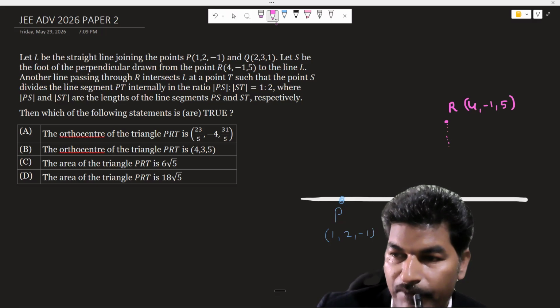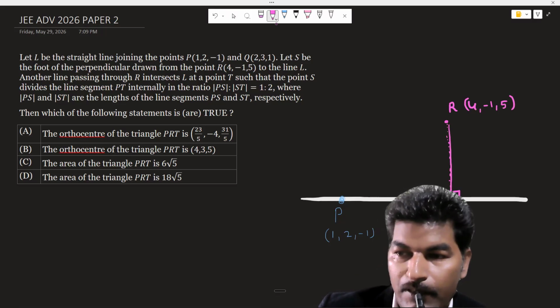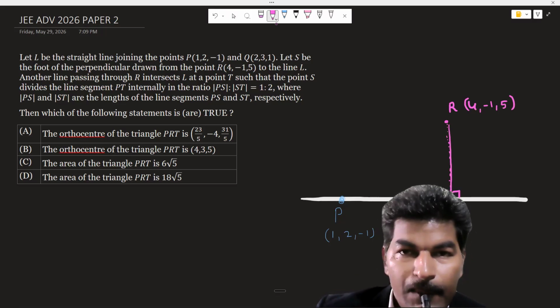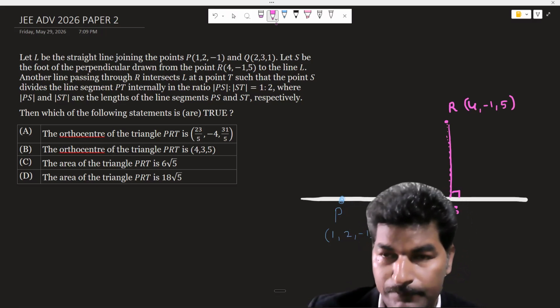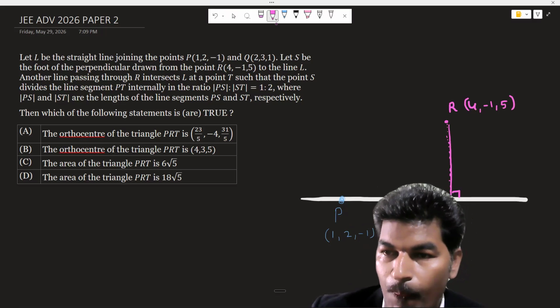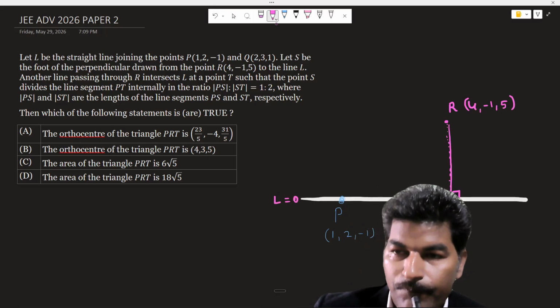And its foot of the perpendicular, S, is on the line L equal to 0.